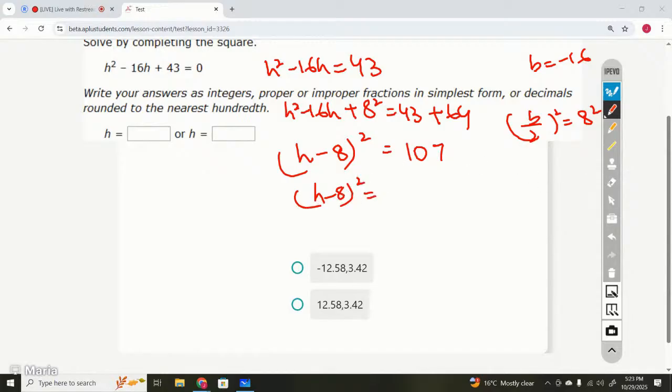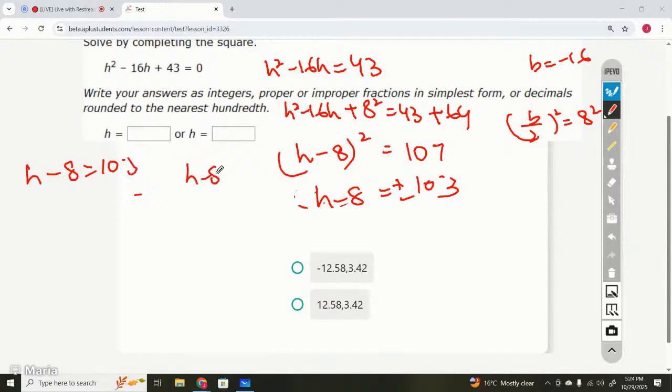So we need to calculate the square root on both sides. That is h minus 8 is, let's just calculate square root 107. So square root 107 equals 10.3. So we have two solutions. Plus minus it is, sorry. h minus 8 is equal to 10.3. h minus 8 equals negative 10.3.